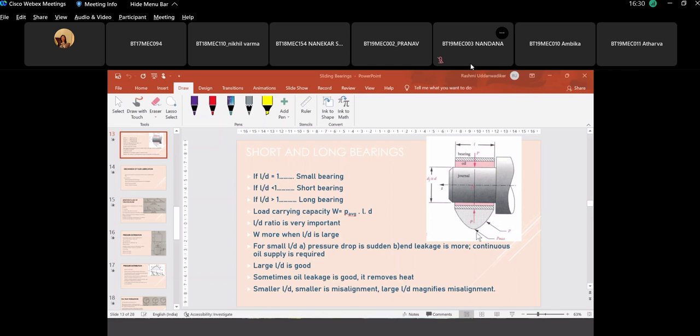So all outstation students, have you booked your tickets? Arshini, Ambika? Am I audible? Have you booked your tickets?